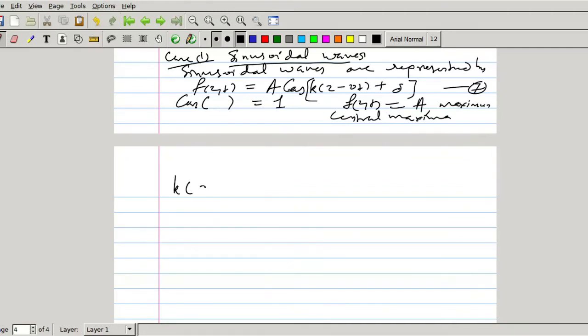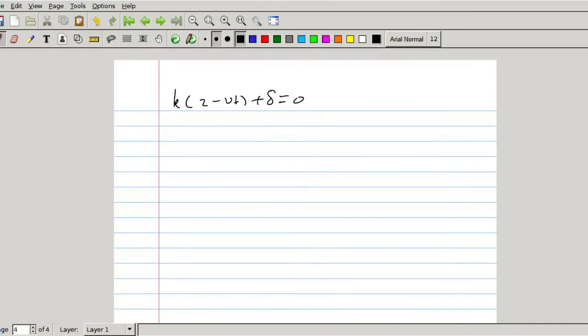That means k into (z minus vt) plus delta equal to 0. So at maximum, I am calculating the value of z. Taking delta to the right hand side, k into (z minus vt) equal to minus delta, or z minus vt equal to minus delta by k, or z equal to vt minus delta by k.